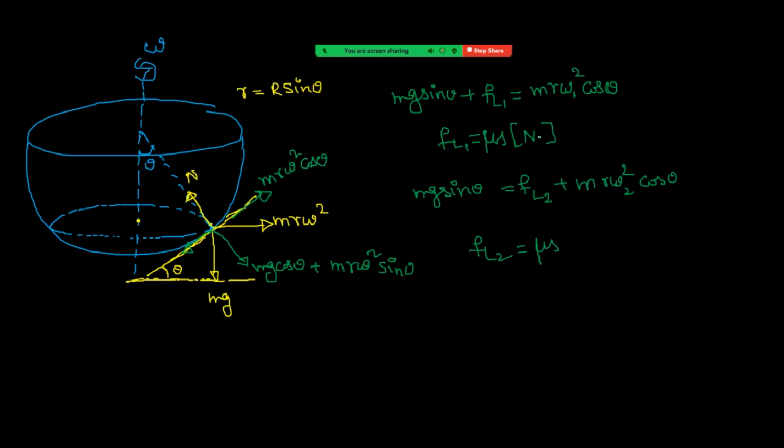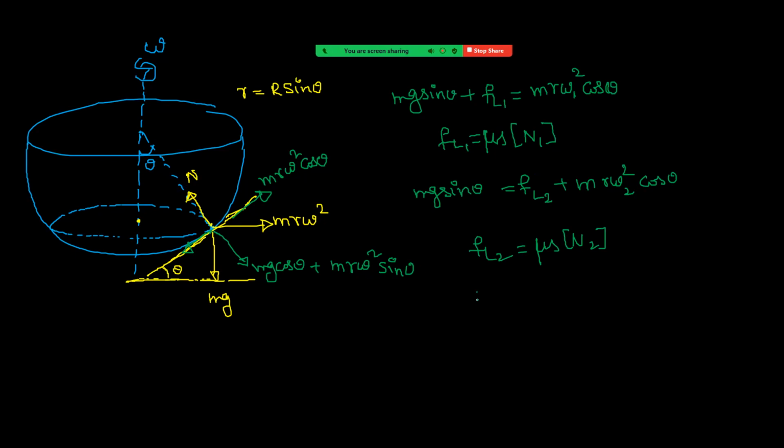Let us take this as normal reaction N1, and this is N2. Okay. So the only change is N1 means taking omega 1, and N2 means again the same value but taking omega 2.